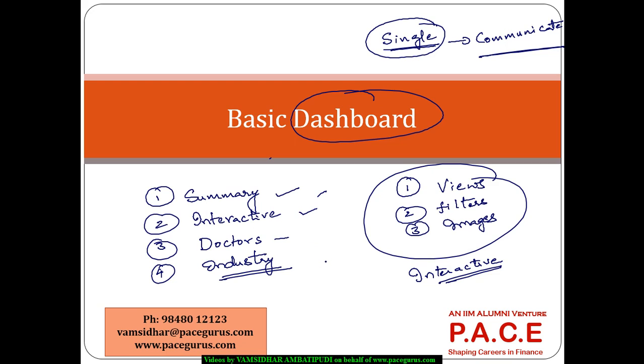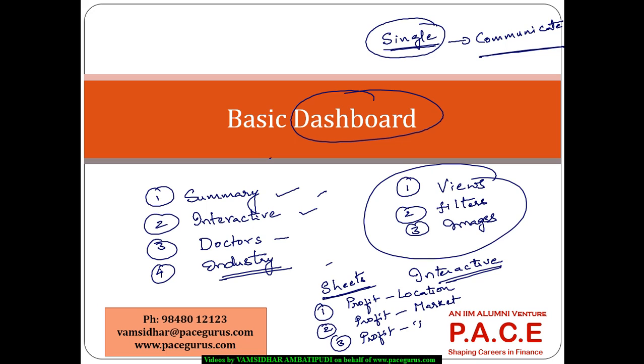So we'll try to create one simple dashboard with the different kinds of sheets that we have created till date in Tableau. We have done separately profit analysis location wise, or geography wise. We have done profit analysis market wise, or we have done a profit analysis over time.